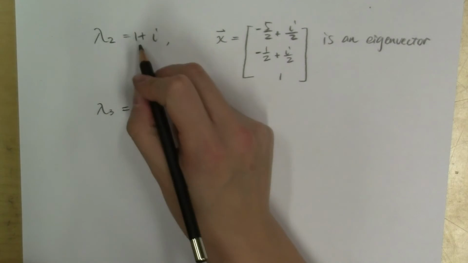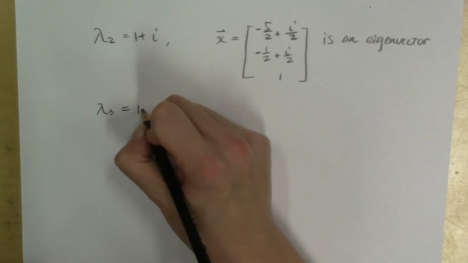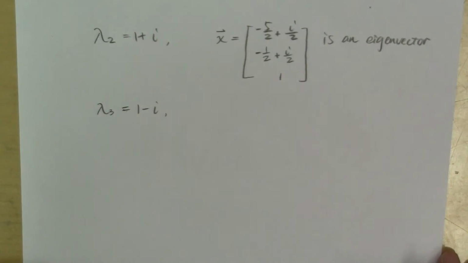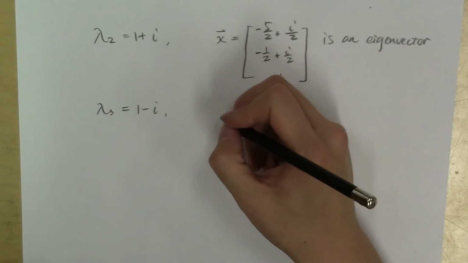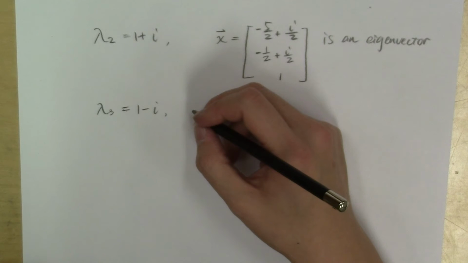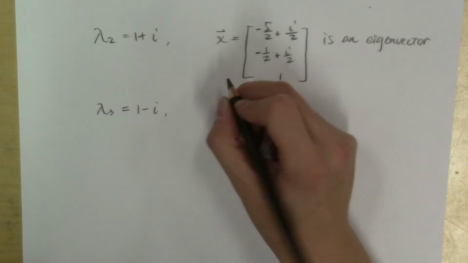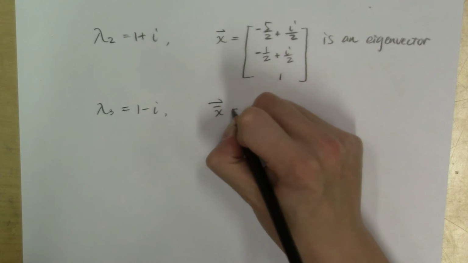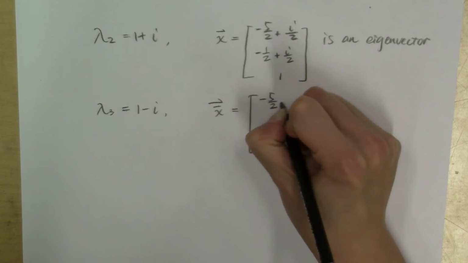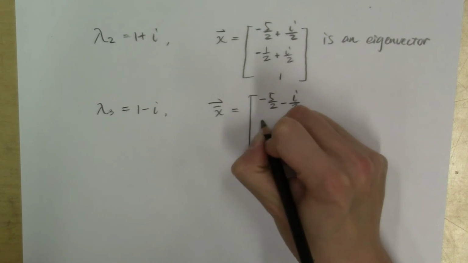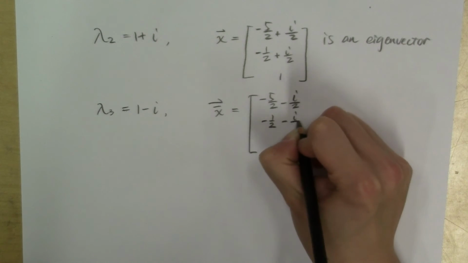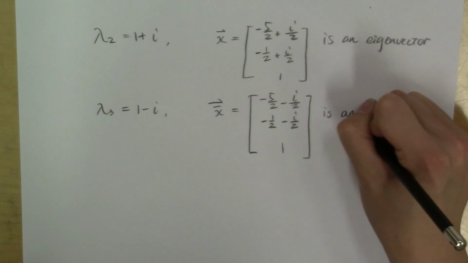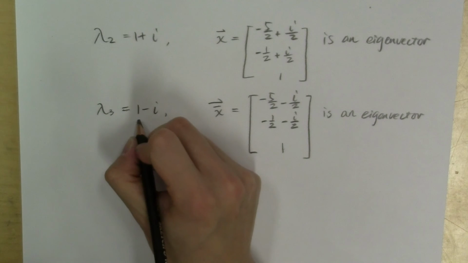So for the complex conjugate of this eigenvalue, 1 minus i, which is also an eigenvalue, without going through a similar procedure of calculating non-zero solutions of a linear system, we know that the complex conjugate of this eigenvector, which is negative 5 halves minus half of i, negative 1 half minus half of i, 1, is an eigenvector corresponding to 1 minus i.